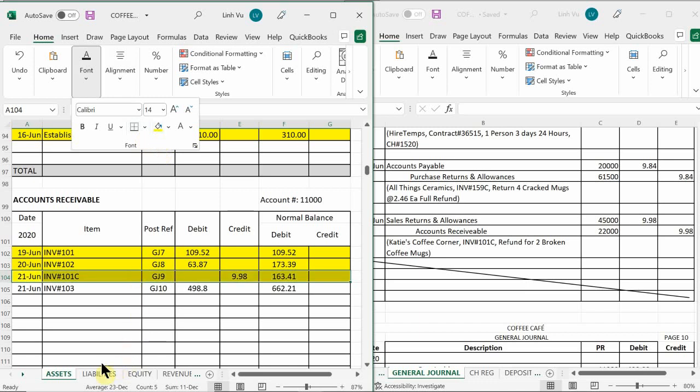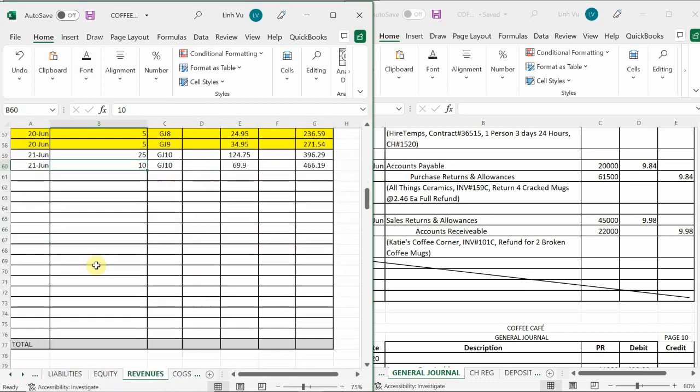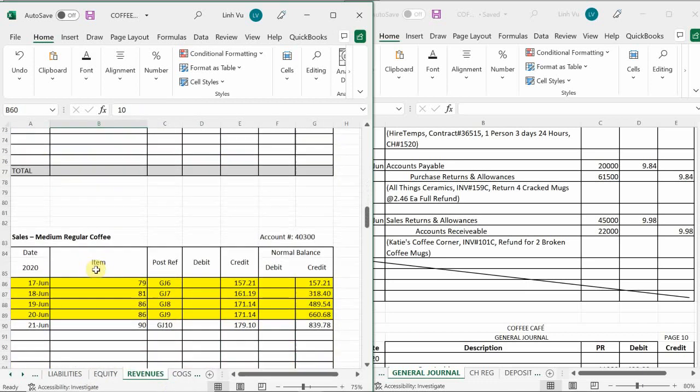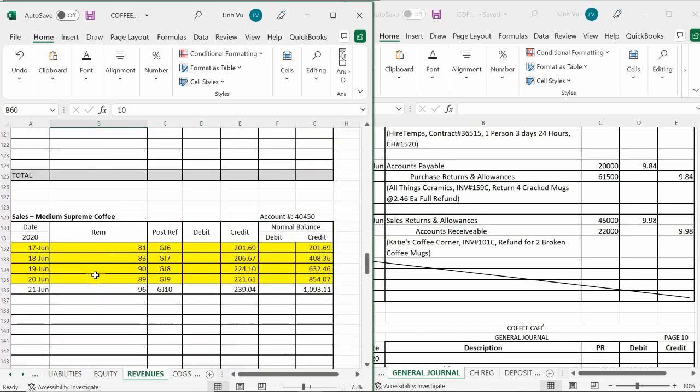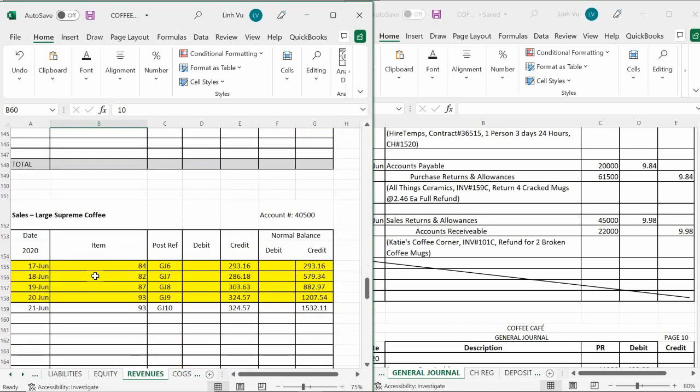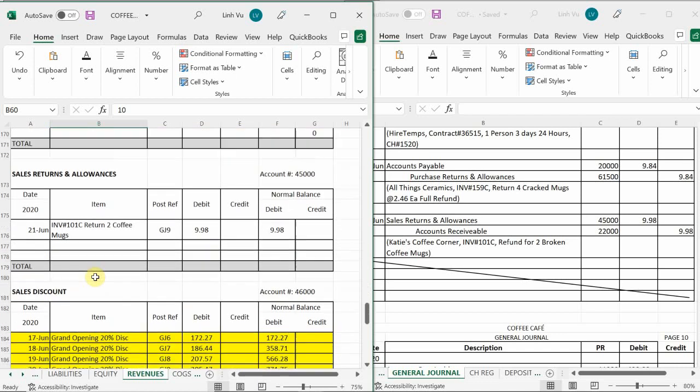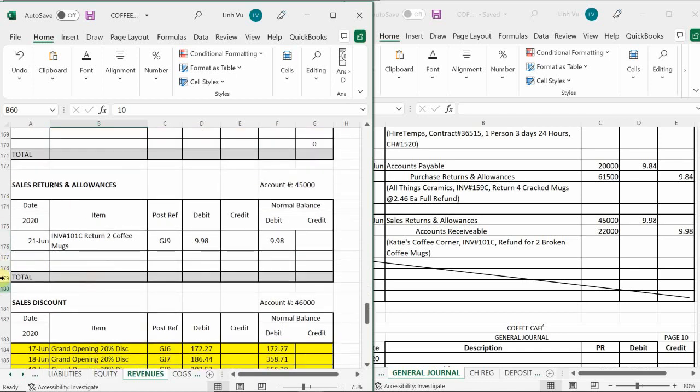Okay. And then we did a sales returns. So here you go, sales returns allowance for the $9.98.